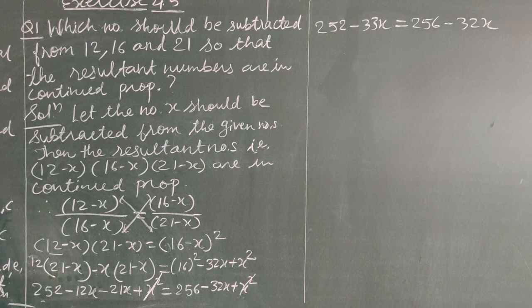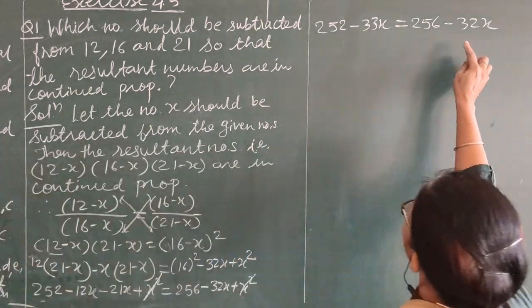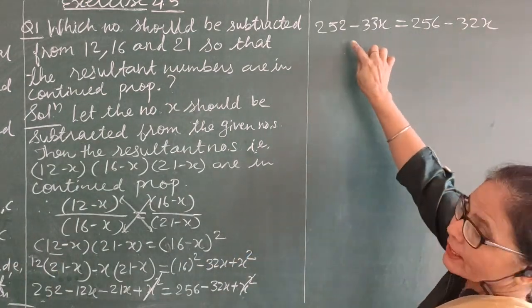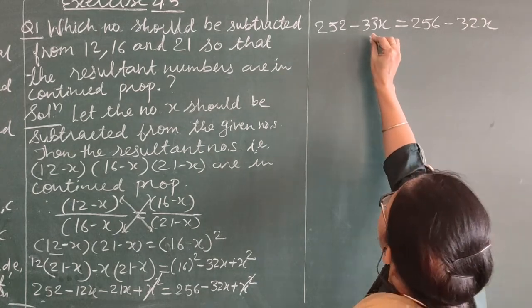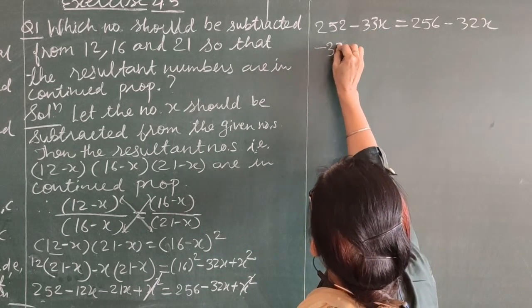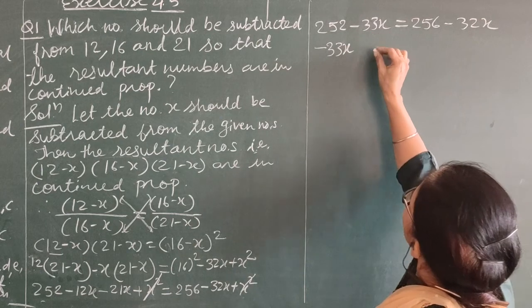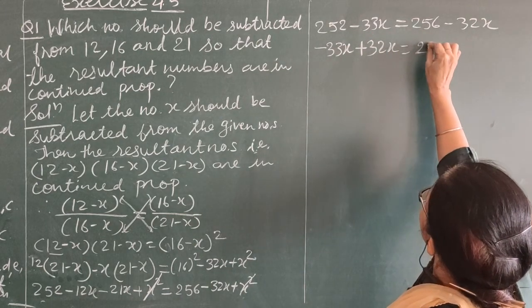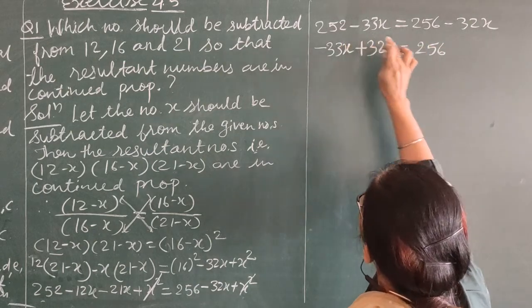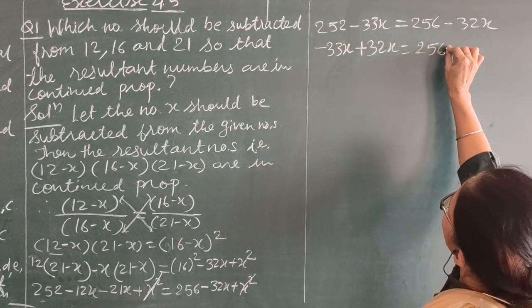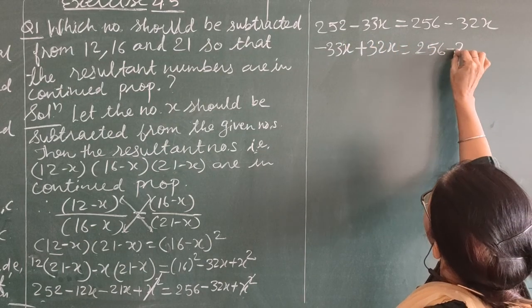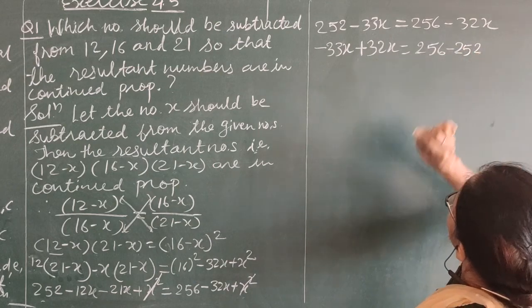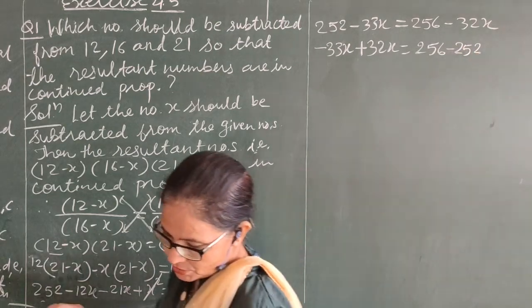So here is the step you got, and now transpose variables to one side and numbers to the other side. So here this is the variable term, 33x. When you transpose it, it becomes plus 32x. Here it is 256, and when you transpose this, you will get minus 252.